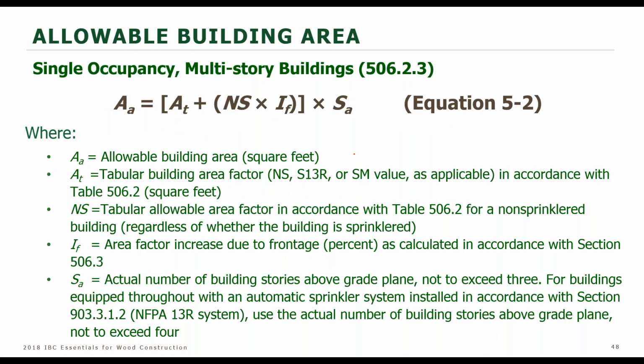Multi-story buildings, the final factor here is the number of stories, which you multiply it by 3 if you have a 3-story building and taller. Otherwise, you pull, this is a frontage factor, and this is an allowable area factor right out of the table. Now, what's this thing? I'll talk about this in a moment when we get to the example.